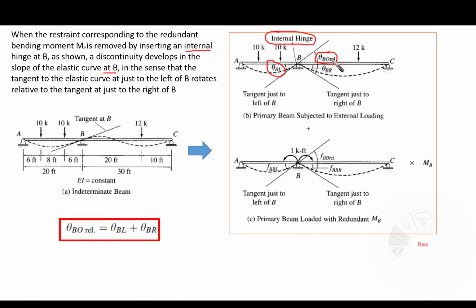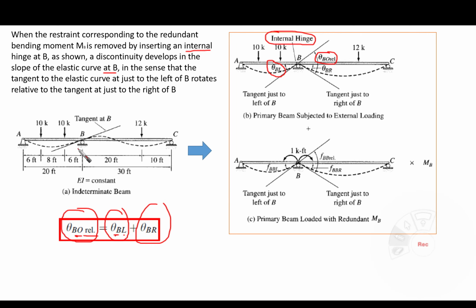Both of them are going to have this theta. So we are going to say that theta at point B, due to the original load and relative between the left and right, is going to equal theta at the left of point B, plus theta at the right of point B. This is what we want up till now.